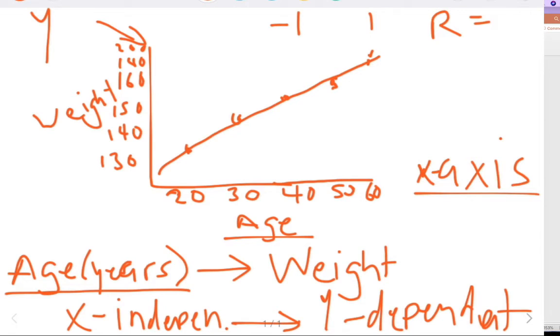So when you're having a positive relationship like this, you have an R value that would be equal to 1. And when we look at actual results and actual data, sometimes it's not exactly 1, it'll be like 0.95 or 0.91, etc. But this is still indicating a very strong correlation. It's very close to 1.